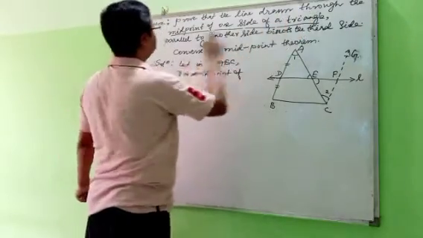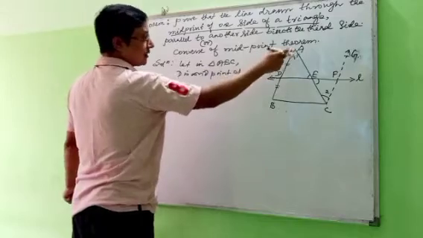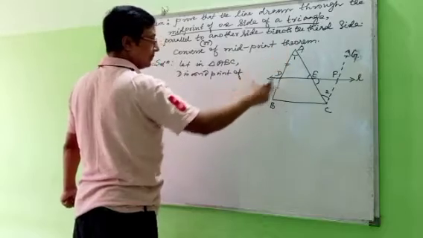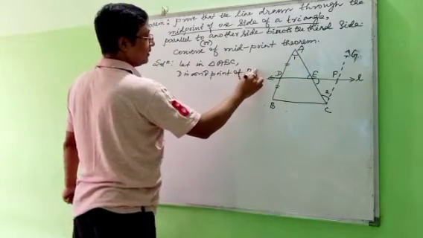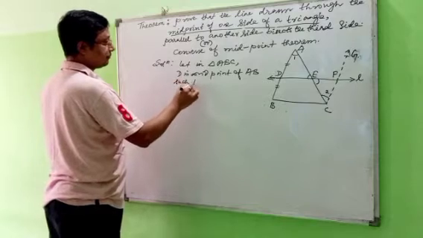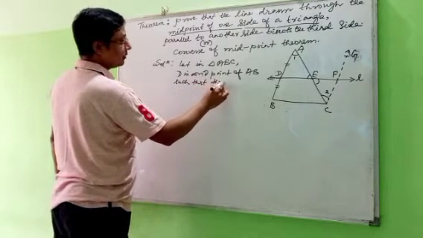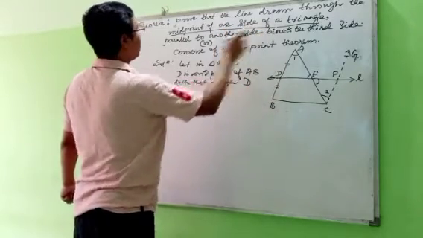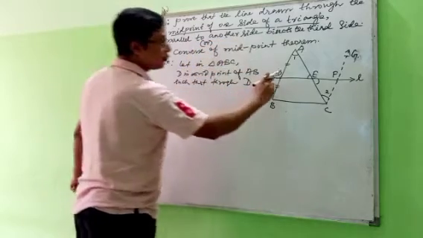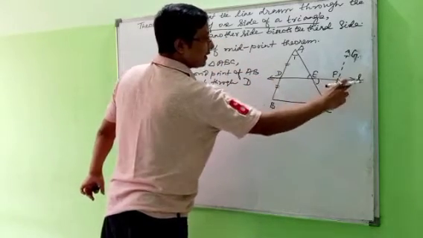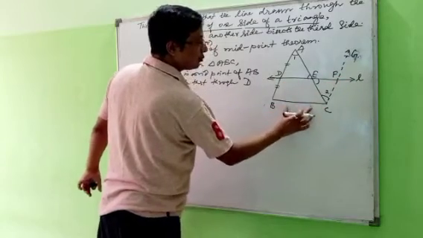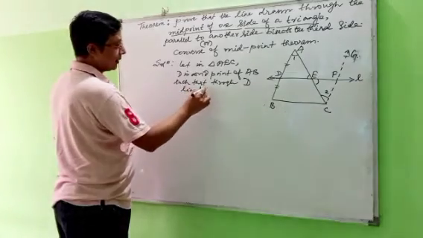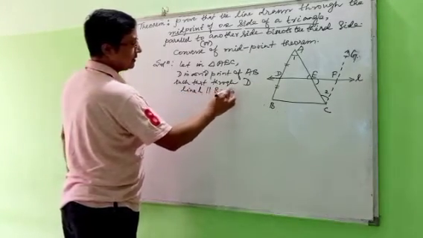The line is drawn through the midpoint D of one side, parallel to another side. So through this point D, the line L is drawn parallel to BC, to intersect, that is, meet the side AC at point E.